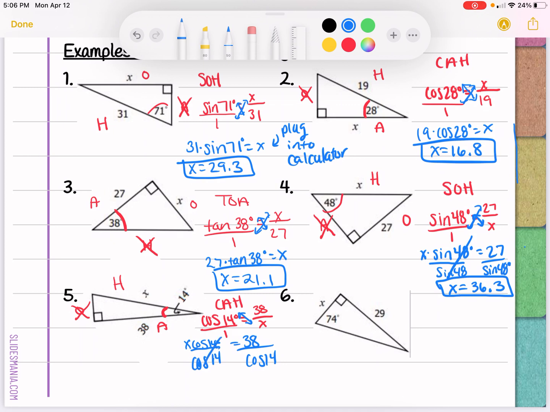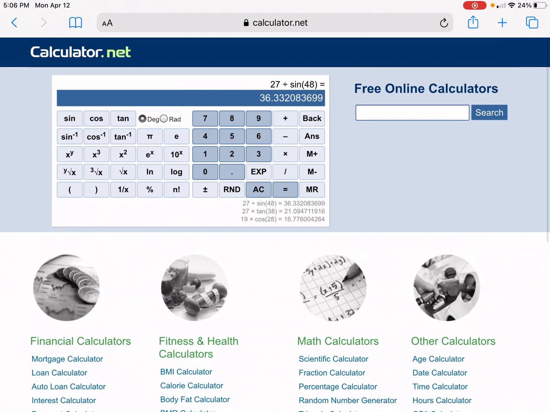Here they cancel, so I get X equals 38 over cos 14 degrees, and I can plug that into a calculator. So here I get 39.2.